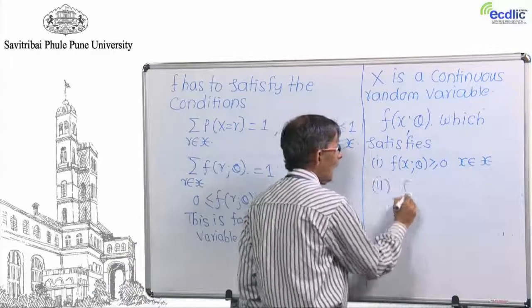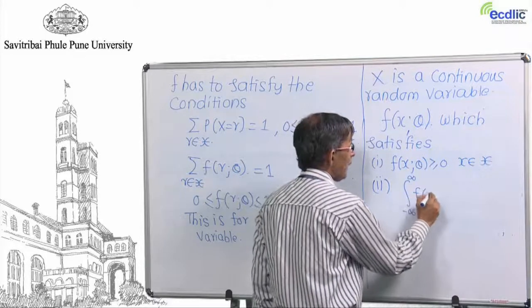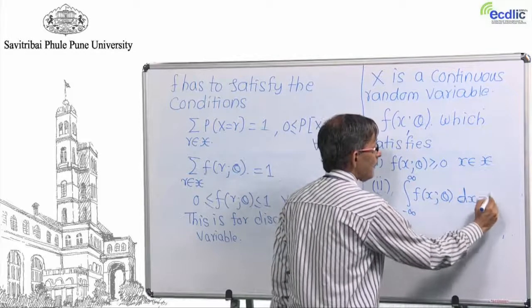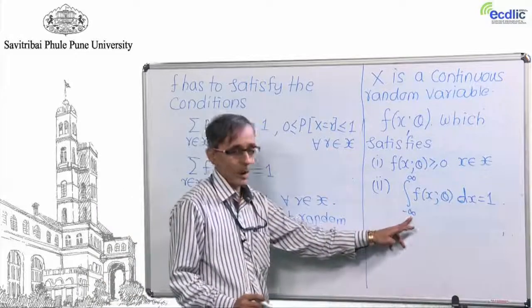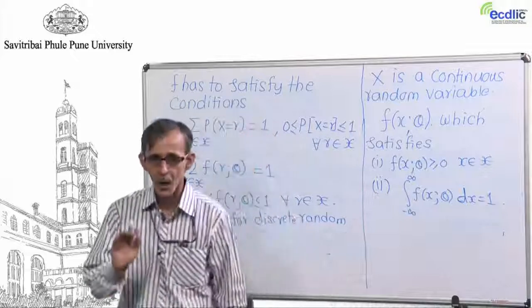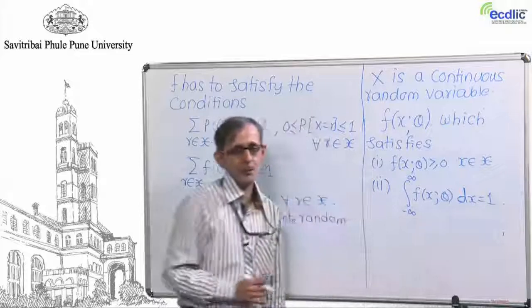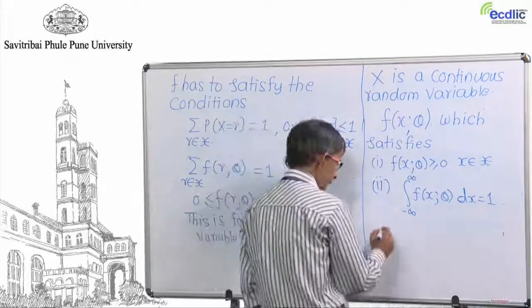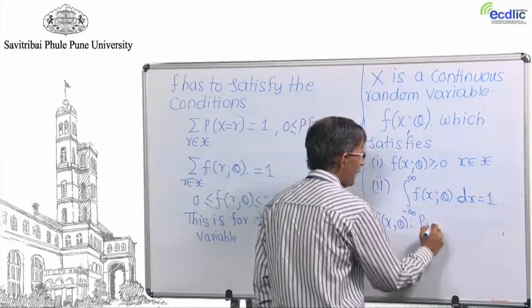Second, the integral, in general from minus infinity to infinity, because as I said in the beginning the support is the real line, but if it is not the whole real line but a subset, say a to b, then the integral will be from a to b, should be equal to 1. What it means is that the total mass is going to be 1, like what we had here. Then such an f(x) is called a probability density function.